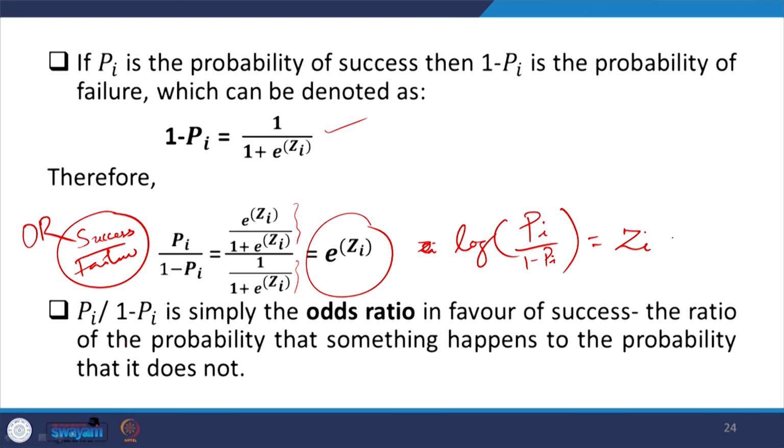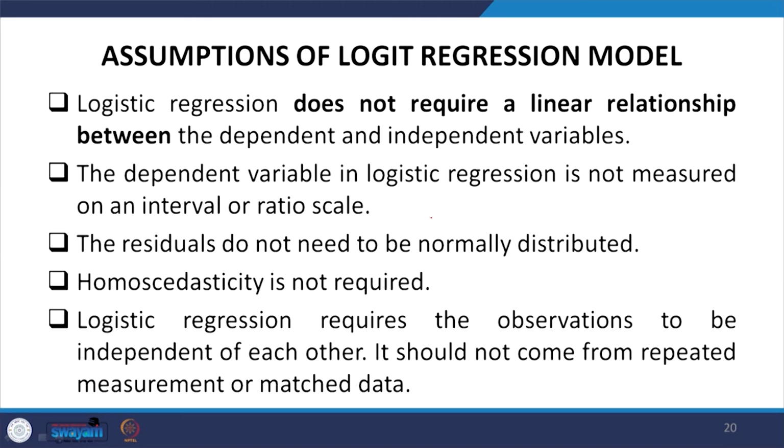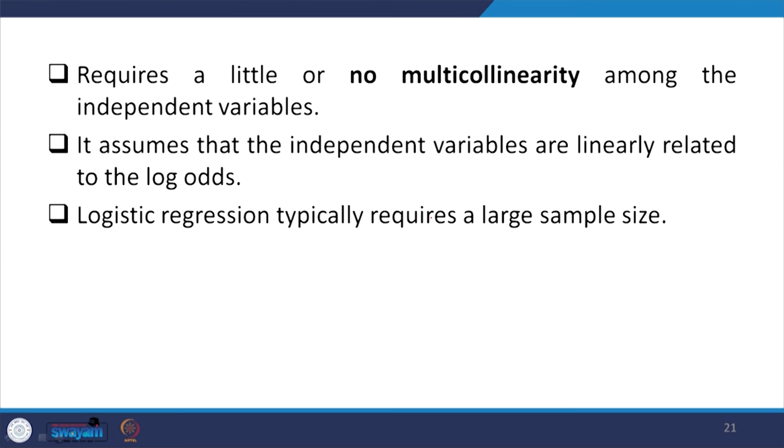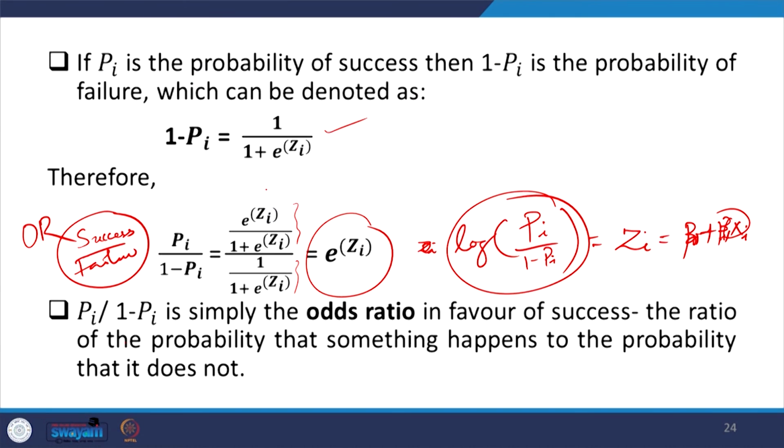So, z I is basically beta naught plus beta 1 x I. Okay. All right. So, now look at this, it is linearly related to the log of the odds ratio, which is the point I think we wanted to clarify. Okay. So, this is what we just clarified.